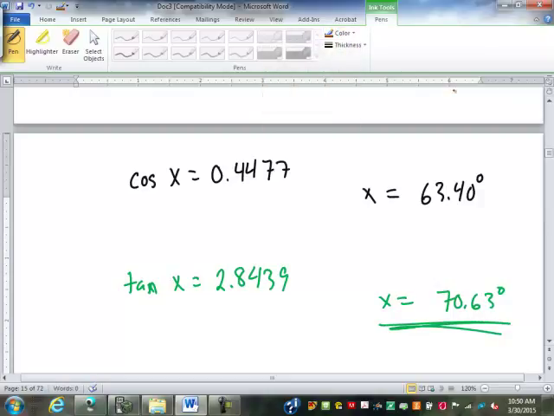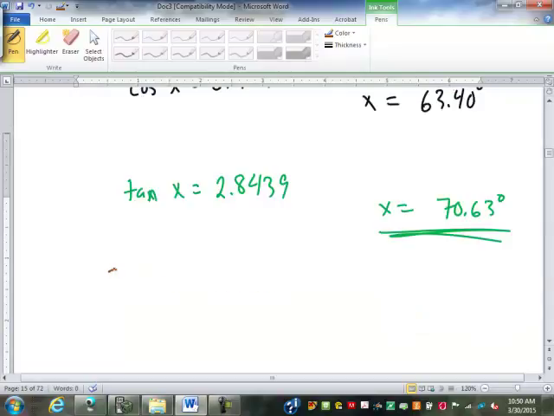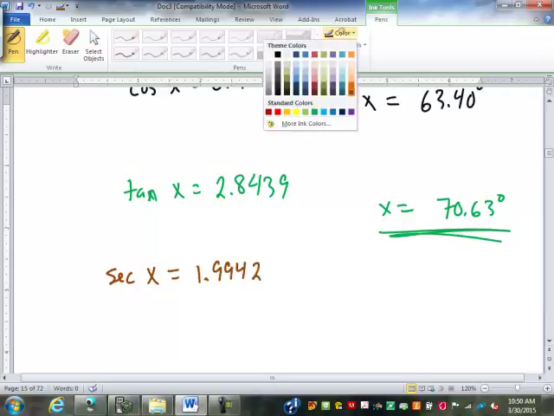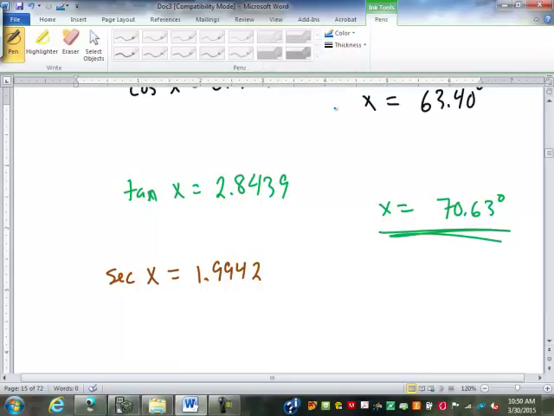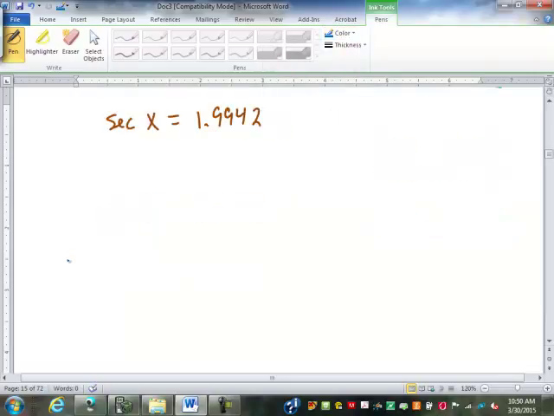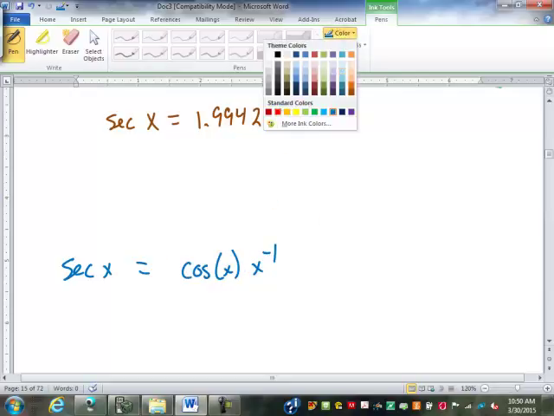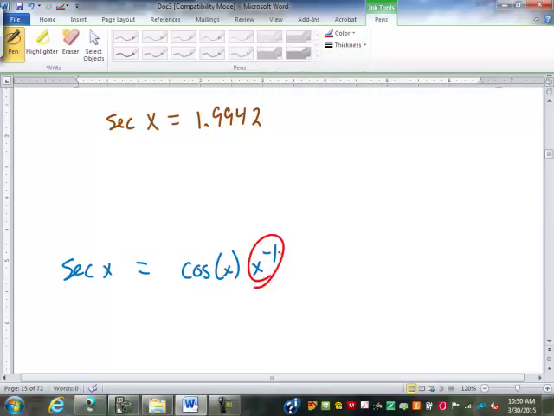Here's where it gets tricky. Secant. Now remember, if we had the angle, how did we find the secant? We did cosine of x into the x -1. How do you reverse that process? Well, if you reverse that process, the x -1 has to come first, right?